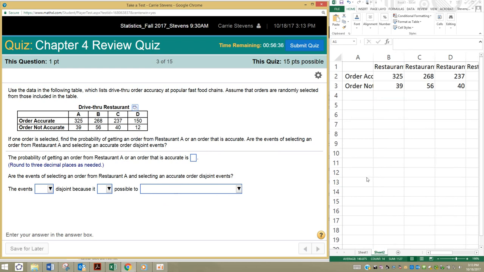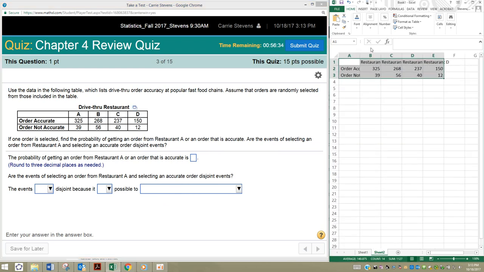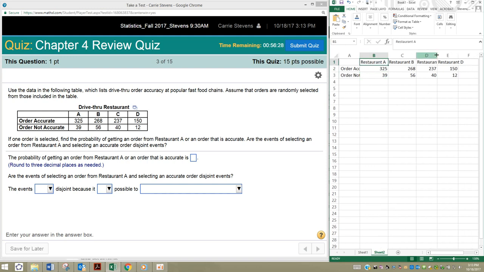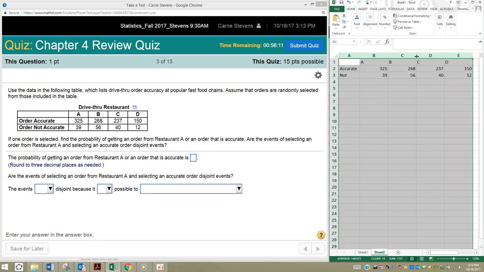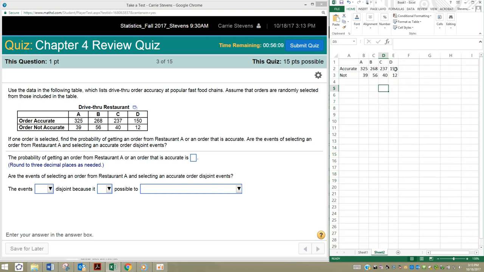So how many do I have that are restaurant A, restaurant B, restaurant C, restaurant D, and how many are accurate? Okay, so I'm going to do accurate, not, and I'll do A, B, C, D, because I don't want to take up this much space. All right, so now I can see it better. Good.